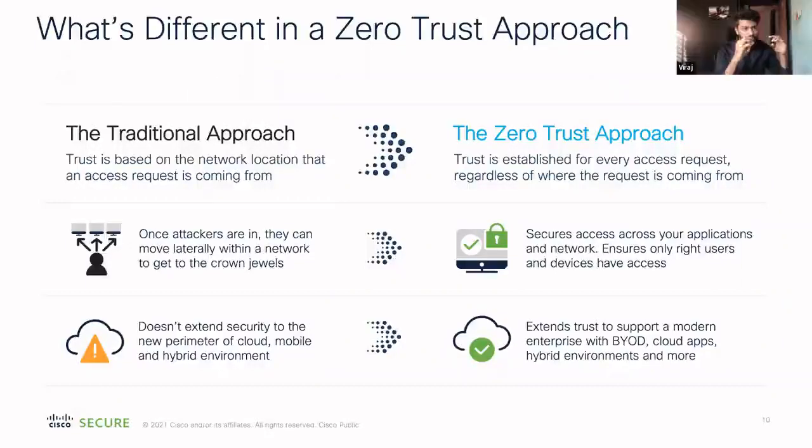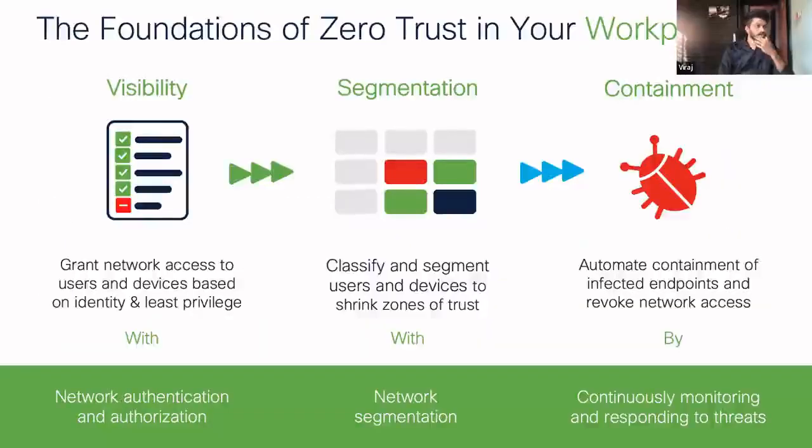Now you have the capability to mitigate something, even if there's an attack or some vulnerability that happens, right? So that's the major difference between a traditional approach and a zero trust approach. The traditional approach extends only to the perimeter, but here there's no limitation of that, right? We extend pretty much to everything. So that's how you do it.